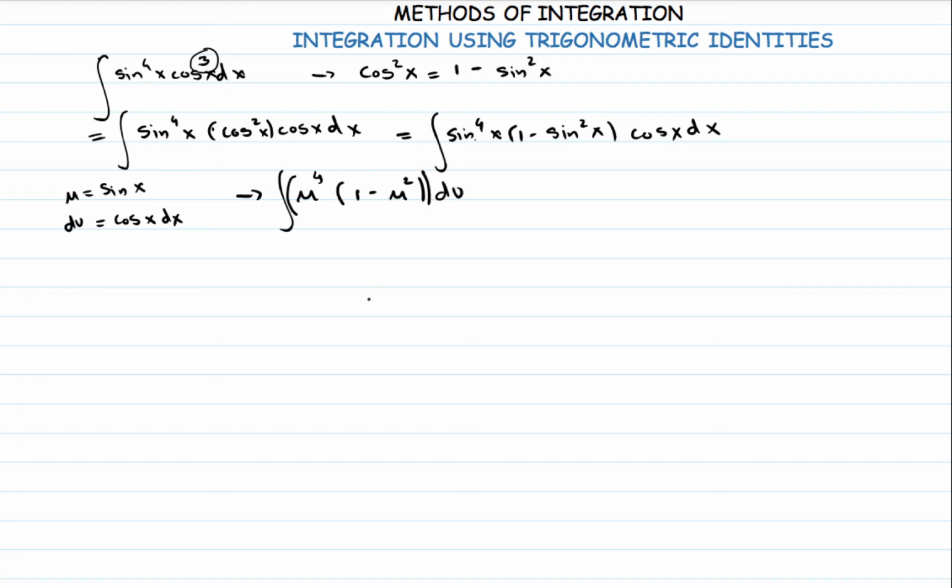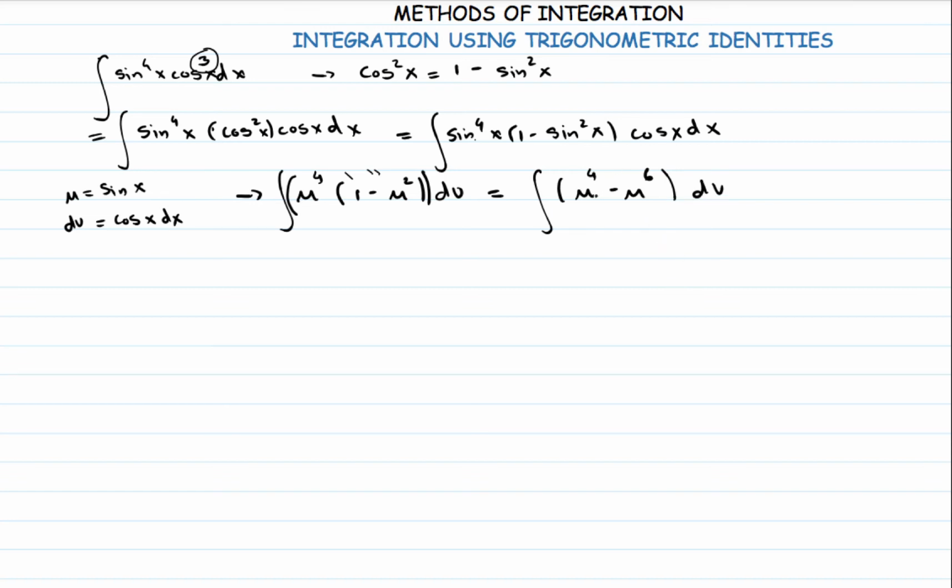So this is what we get here. We distribute, and this becomes u raised to 4 minus u raised to 6 du.